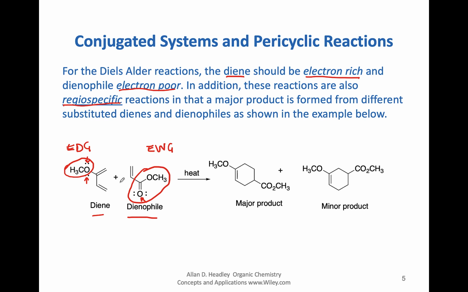To summarize, if we have an electron withdrawing group on the dienophile, it makes that dienophile electron poor. If we have an electron donating group on the diene, it makes that diene electron rich. As you can imagine, an electron rich diene with an electron poor dienophile makes for a favorable reaction.